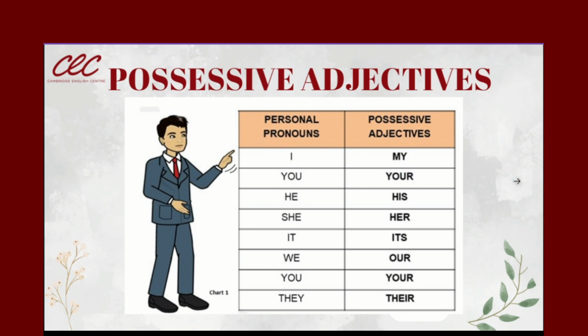My book. This is a short example. My book, okay? I have a book. My book. You have a book, your book. He has a book, his book. She has a book, her book.